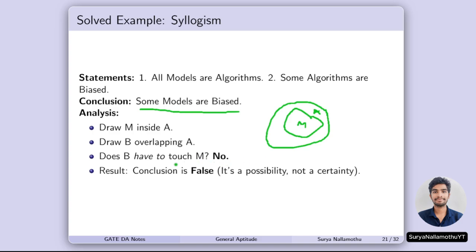It means no. So there is a B. Some algorithms are biased is nothing but B touches A only, not M. So the conclusion is false. That's why the statement that some models are biased is false, because models and B don't have any touch.